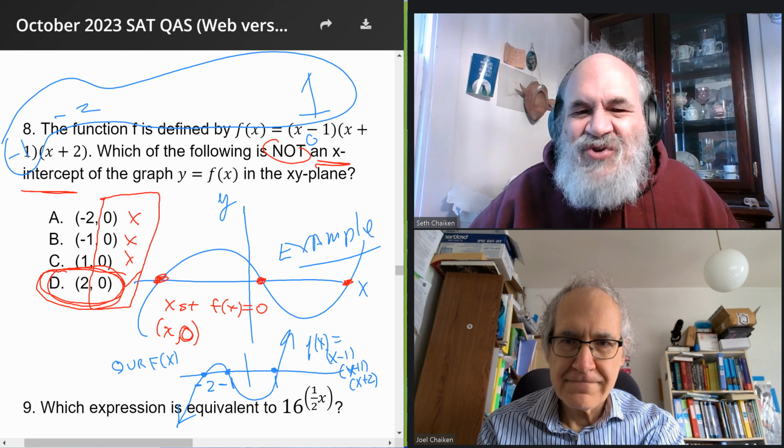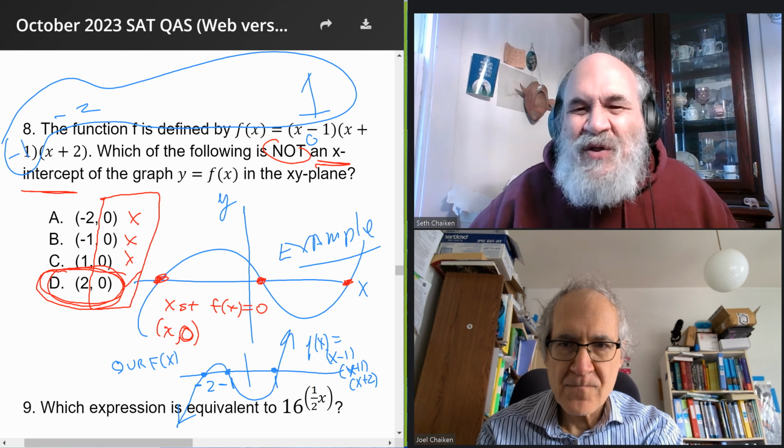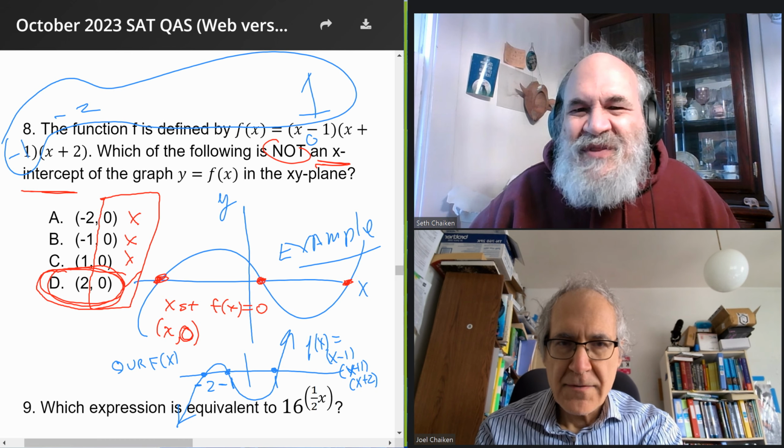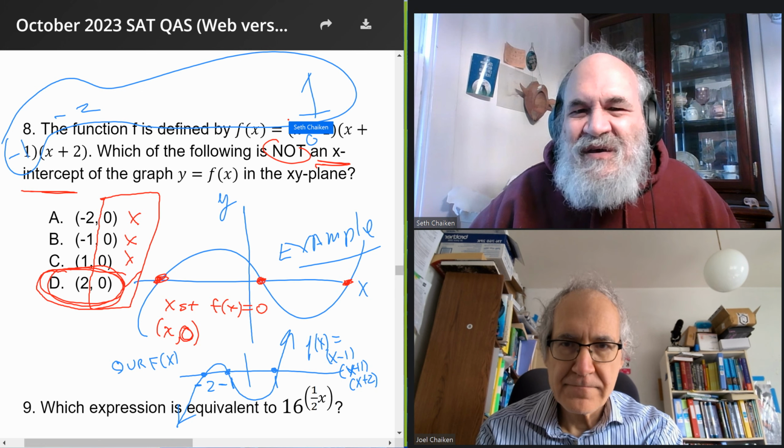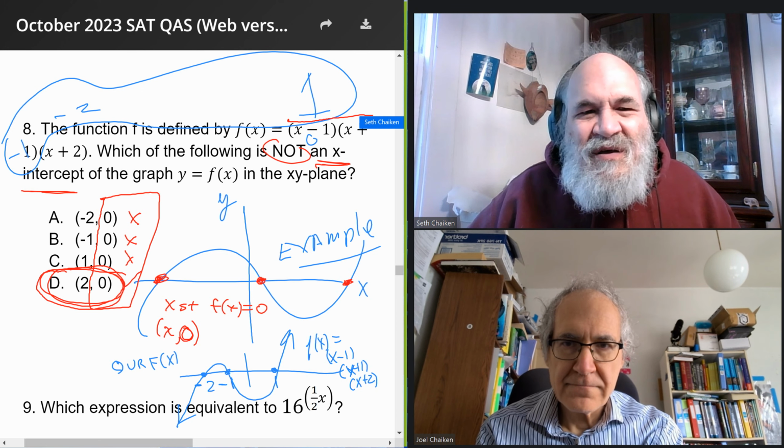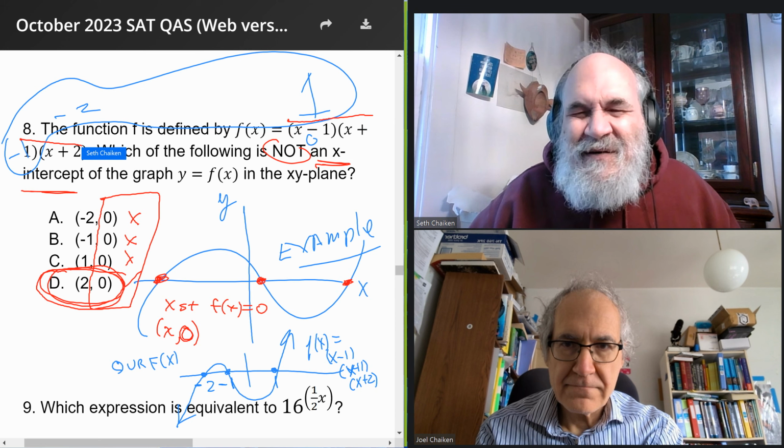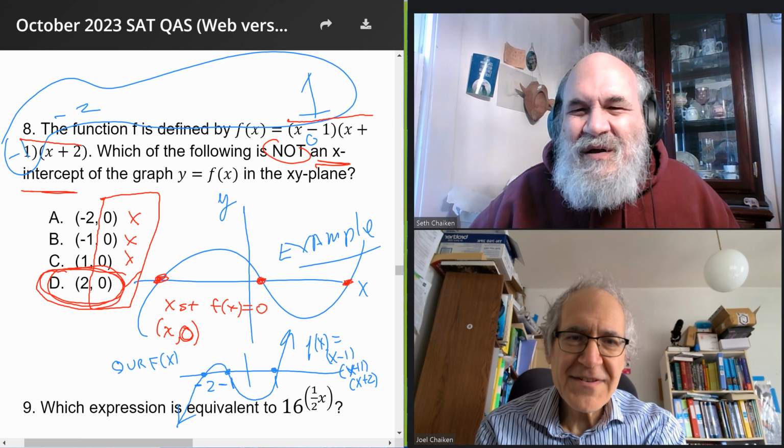One way of doing it is to try each one. Another way of doing it is to start with the formula for f. It is given already factored, so you could read off where the zeros are. That's what we did.